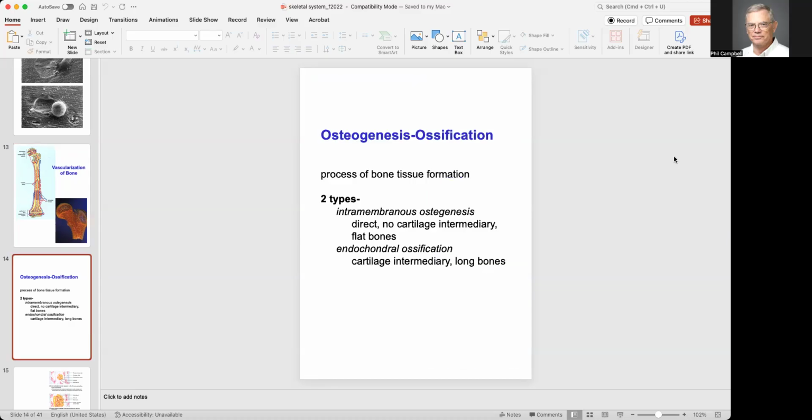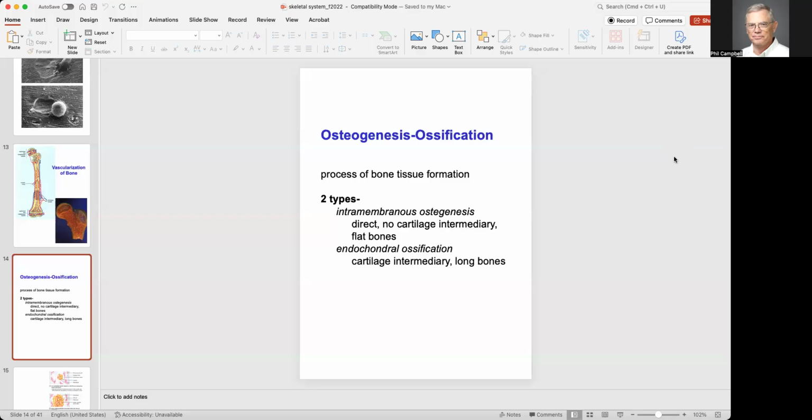So I talked about, for instance, long bones and flat bones. I also want to talk about where the bones come from. There's two ways that we talk about bone formation as osteogenesis. There's two forms of osteogenesis.